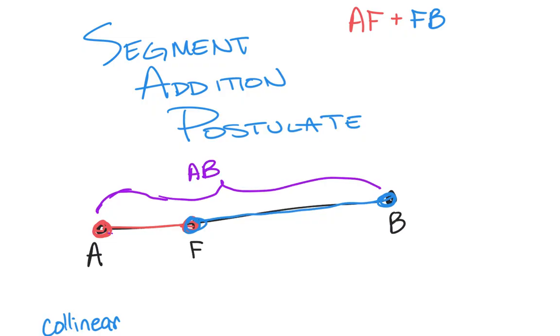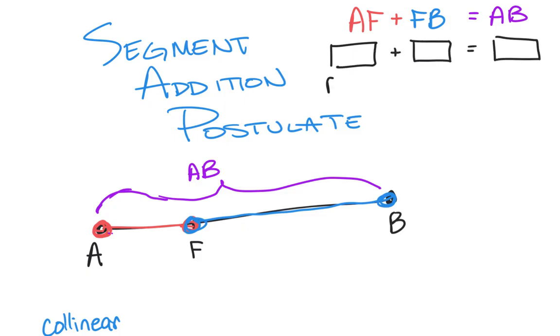So AF plus FB equals the whole distance AB. In other words, one of the parts plus the other part is going to equal the whole thing. So we can remember segment addition as a part plus the other part equals the whole.